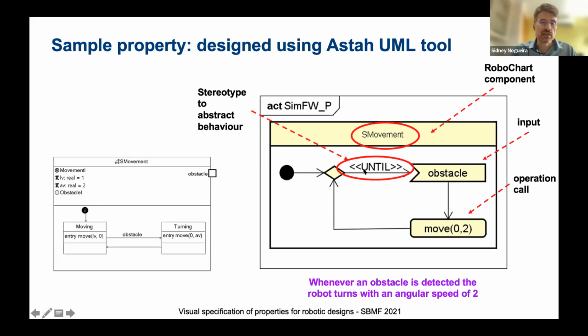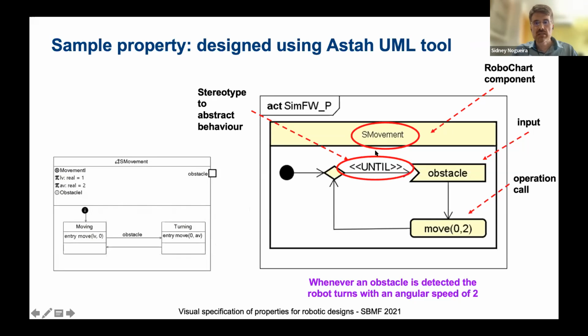Here it is not CSP, but what it says is that you have an alphabet of events of your RoboChat model. So for instance, obstacle is an event from there, and move is an operation from there. You don't need to look at the CSP semantics; you just need to look at the model of the controller.